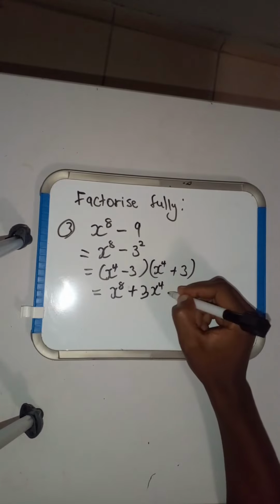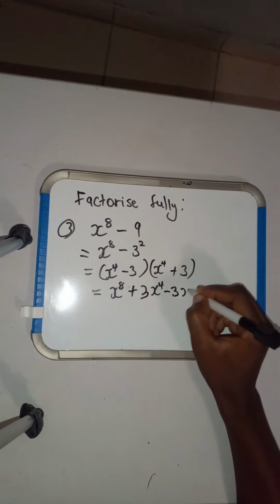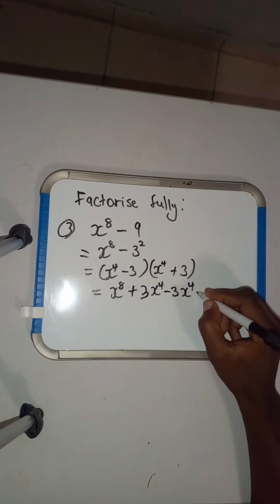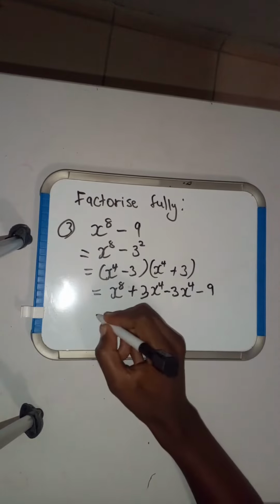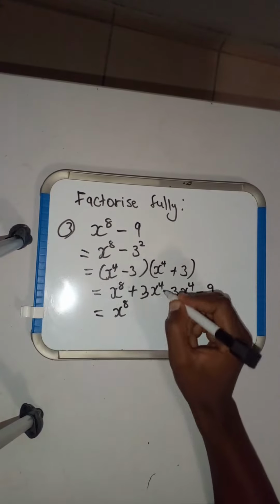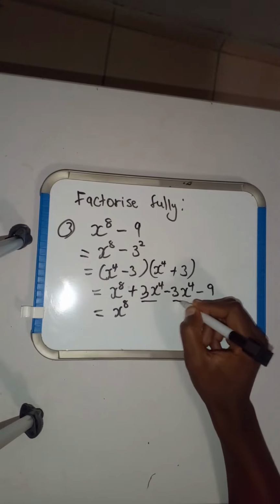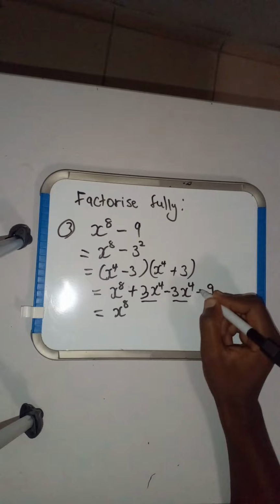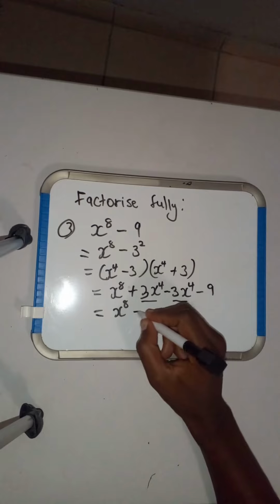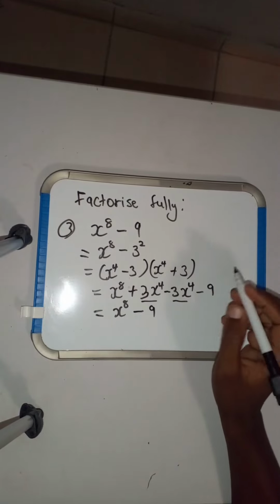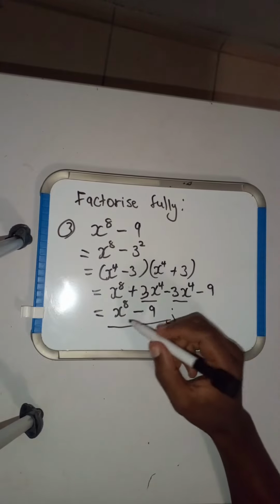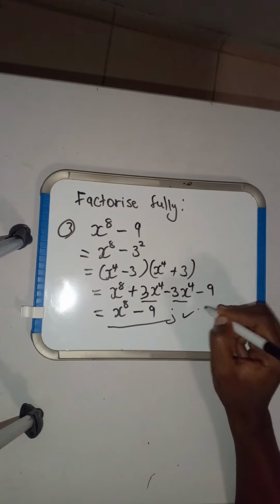Then negative 3 times x to the power 4 is negative 3x to the power 4. Then negative 3 times positive 3 is negative 9. Now we need to add the like terms. Positive 3x to the power 4 minus 3x to the power 4 gives us 0. Then yes, that's correct. We have x to the power 8 minus 9.